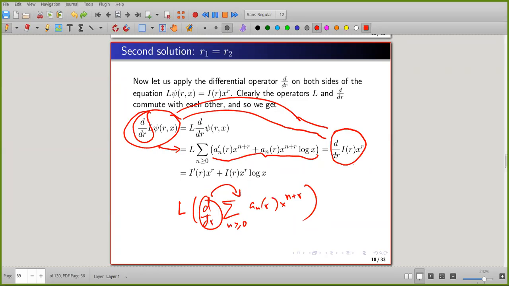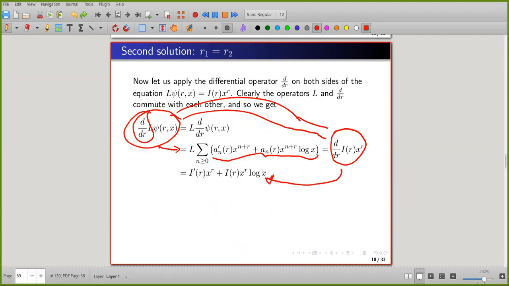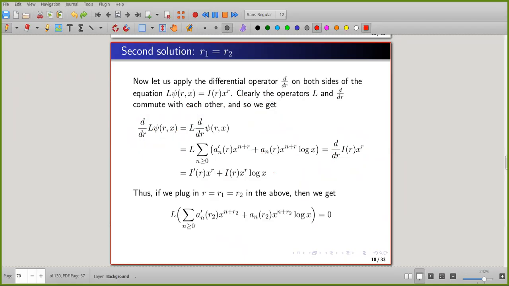Okay, but this thing on the other hand is equal to this. Now we plug in r equal to r1 equal to r2 into the above.